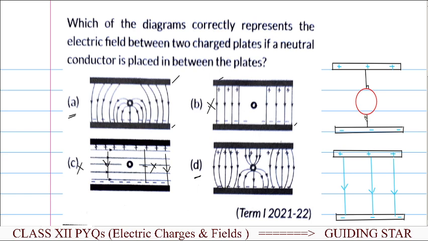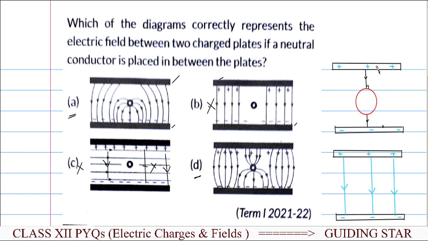Clear? And there will be no field line inside the conductor. Similarly, if any field line is coming from some other point, suppose from this particular point, it must reach this particular point.